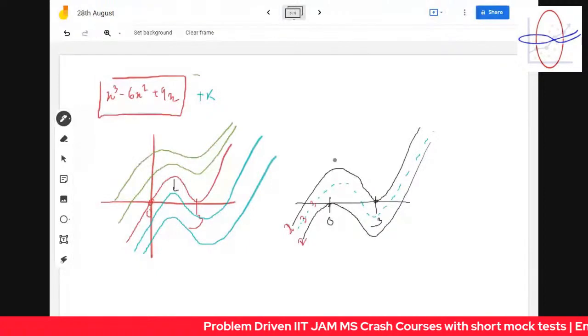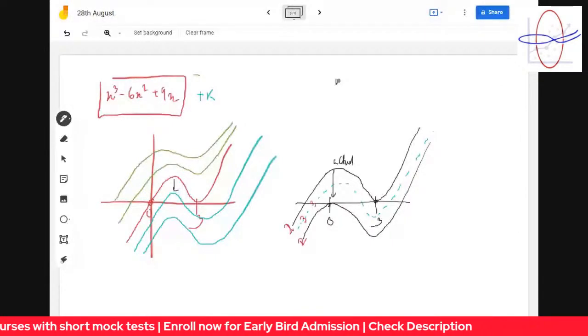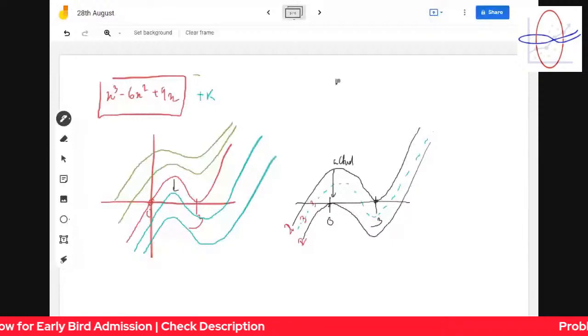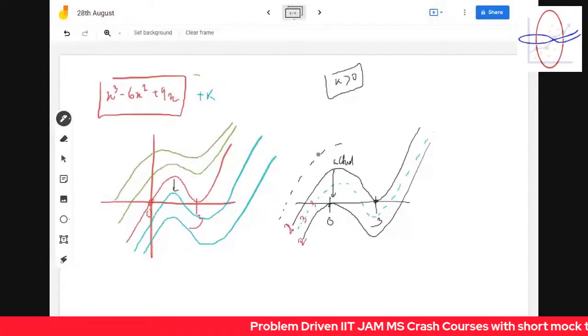So this is the actual graph. If k is 0, that means it's going up. For k greater than 0, it has exactly 1 root, as explained before. For k less than a certain value, it will also have 1 root.